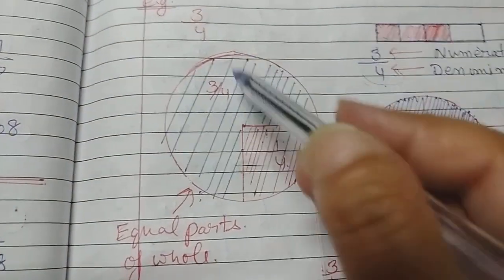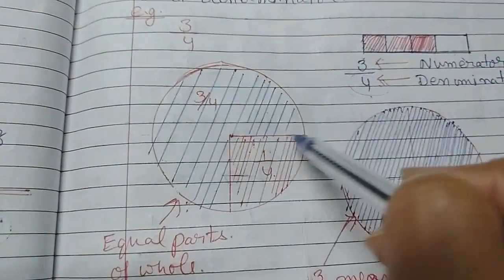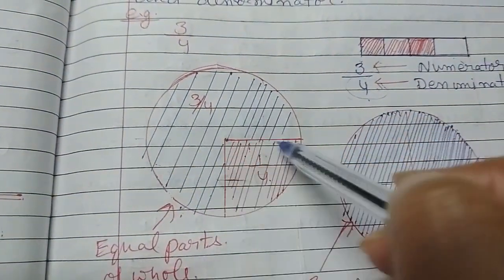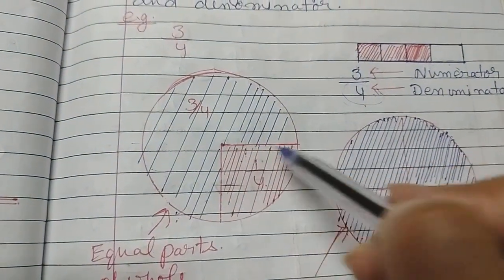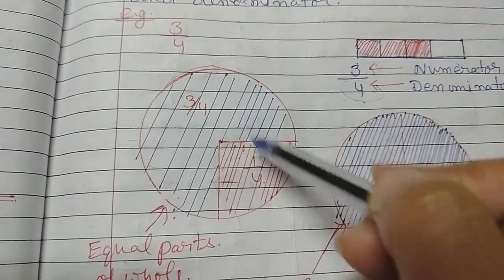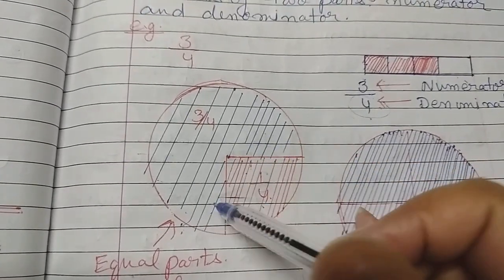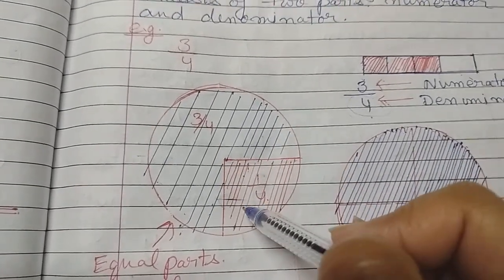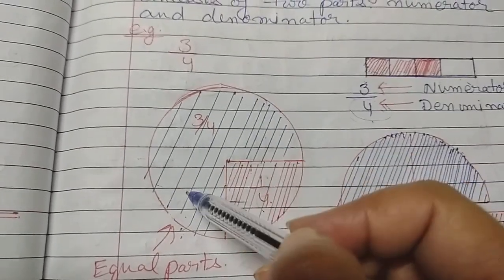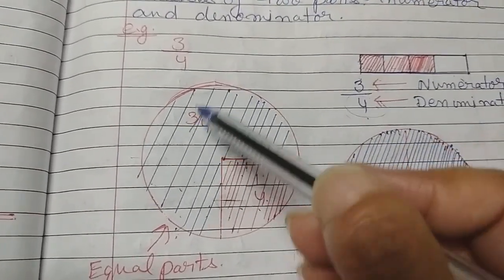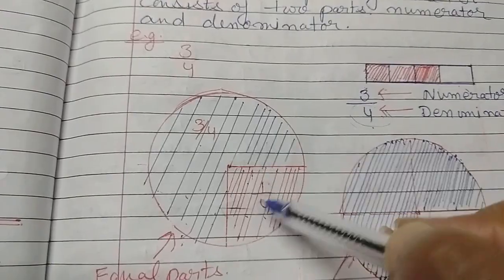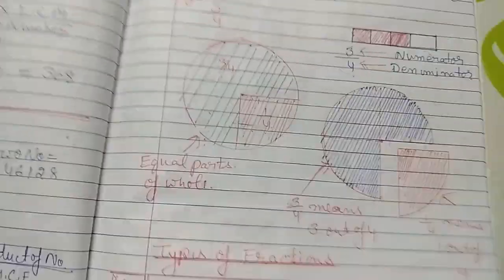So I have this example. Suppose I have a circle. You very well know that we divide the circle into four equal parts. Here, three parts I shaded blue, and one part is red. Whatever three parts are there, we mark as 3 by 4, and one part we mark as 1 by 4.